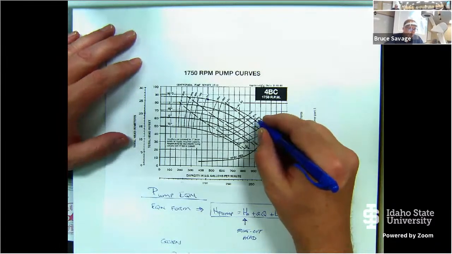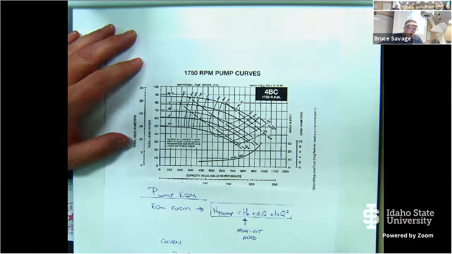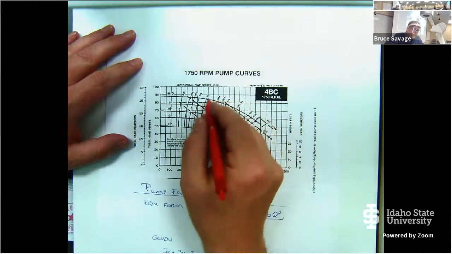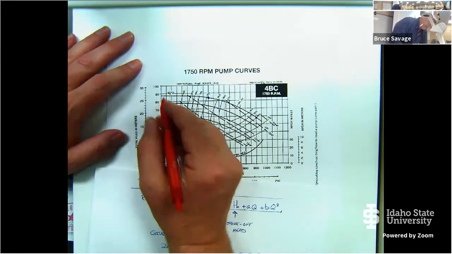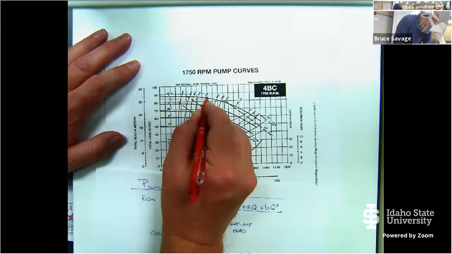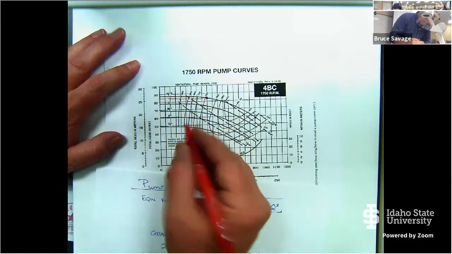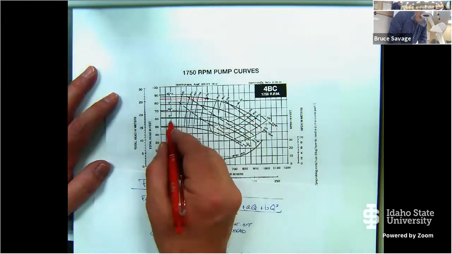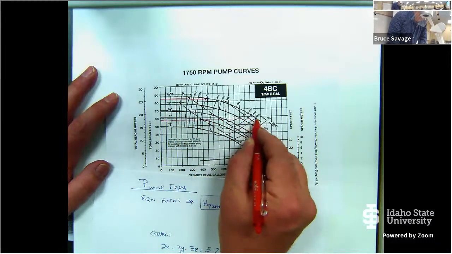If I do that, then at 450 gallons per minute, I'm going to have a head of approximately 85, give or take. And down here, I'm going to have about 58.